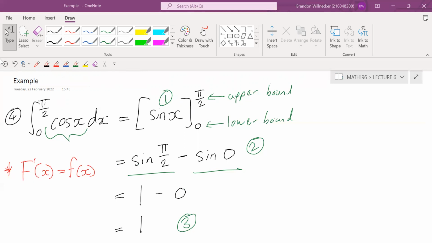Later on, we will look at indefinite integrals, which is a similar idea, but there the output is another function. They are very closely related, but don't worry too much about that now. We will look at that next time.